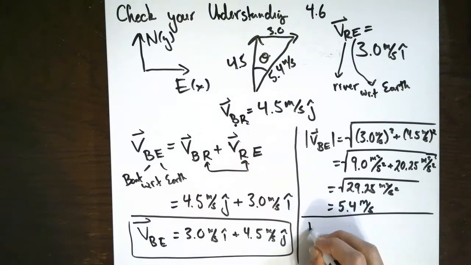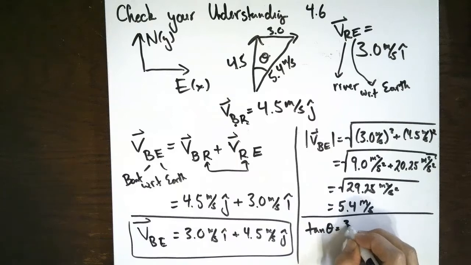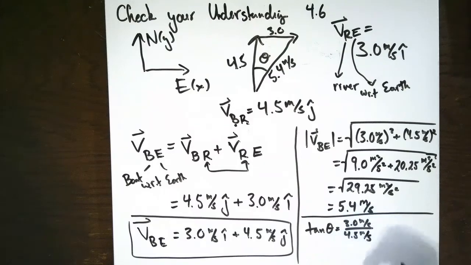So the tangent of this angle would be opposite, 3.0 meters per second, over the adjacent, 4.5 meters per second. We've got the same units on the top and the bottom, so they cancel. Then if we actually want the angle, we need to do the arctangent, the function which undoes the tangent, of 3.0 over 4.5.